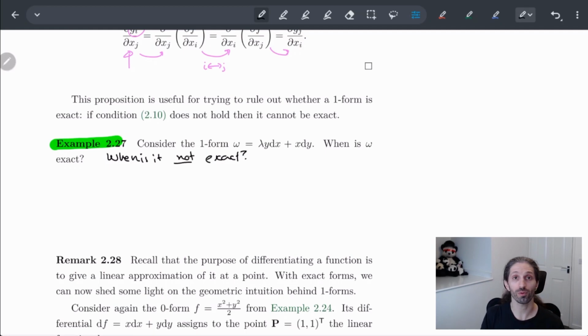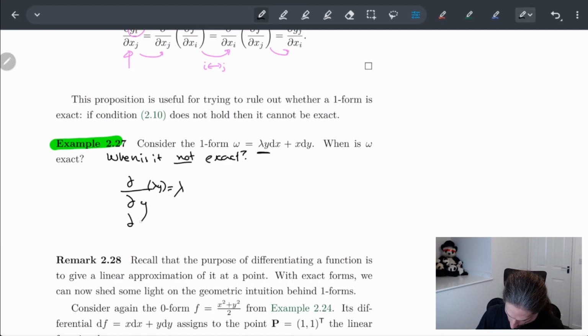Here, remember, we have to take the partial derivatives and see how it is. So we'll take the partial derivative of omega, starting off with the x component. So here we'll do lambda y of dx, right? No, we want the other one because we're already in x, so we want y. Yep. Now the derivative here should be lambda. And now on the opposite side, what do we have?